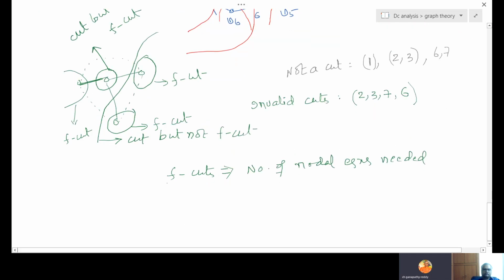F circuits is the number of links, or the number of mesh equations needed to analyze the problem.